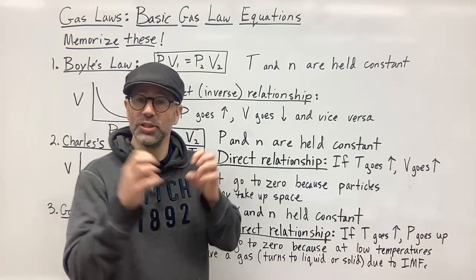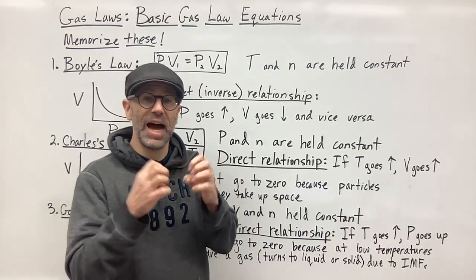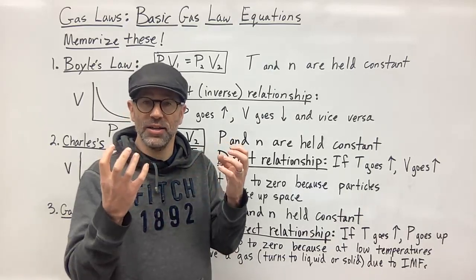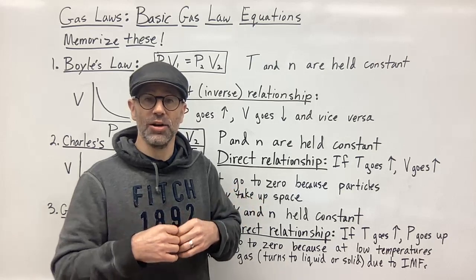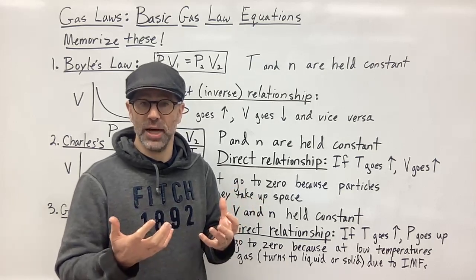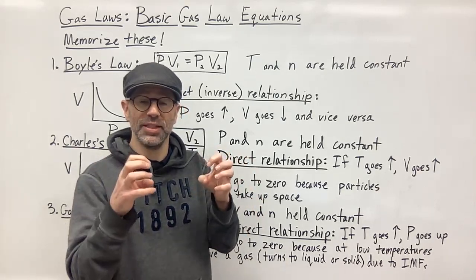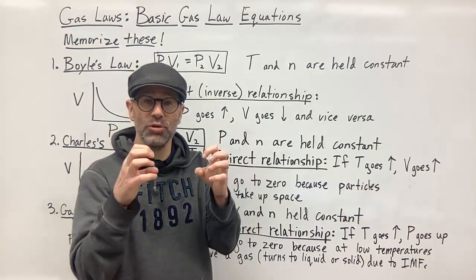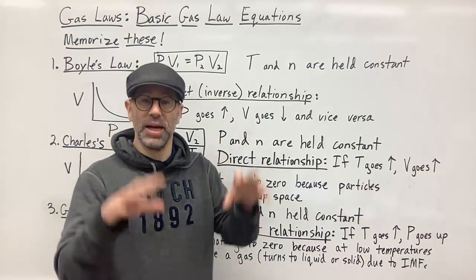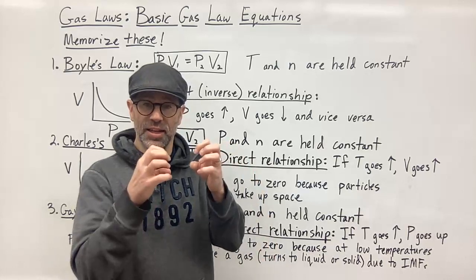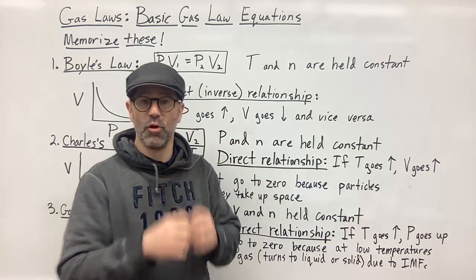Remember, the forces between the nonpolar nitrogen molecules are the London dispersion forces, right? So if you can slow those molecules down by lowering the temperature, then they can stick together and form a liquid.